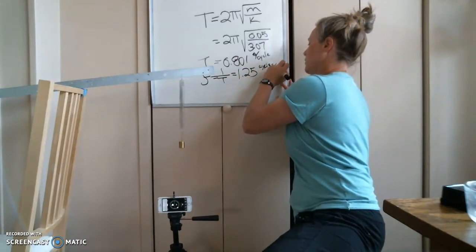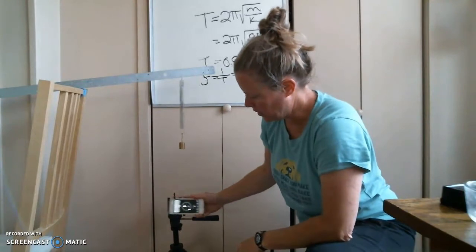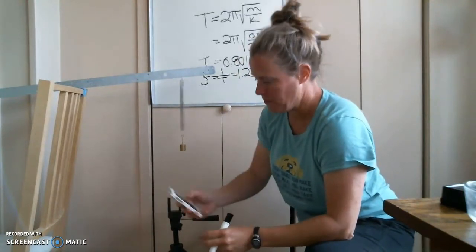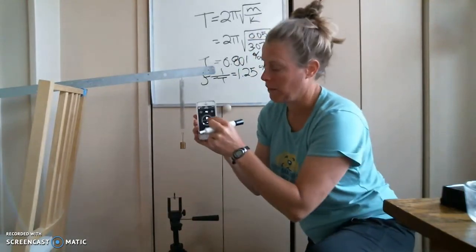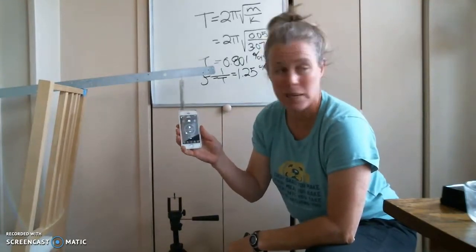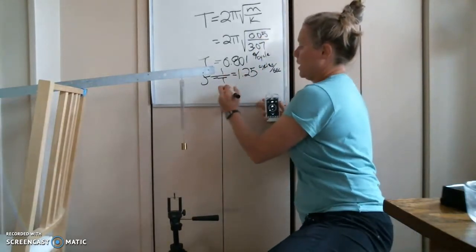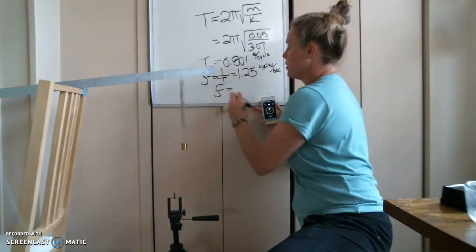So what I've got here is a metronome, and right now it's at 46, and that's beats per minute. What do I get as far as my frequency for this spring?